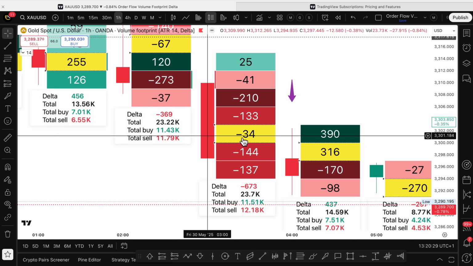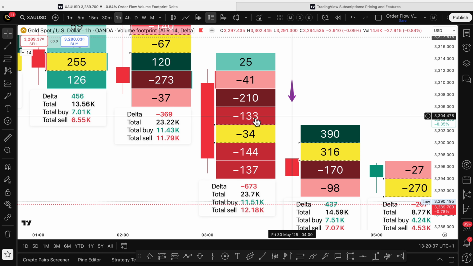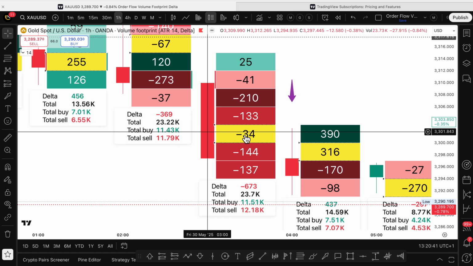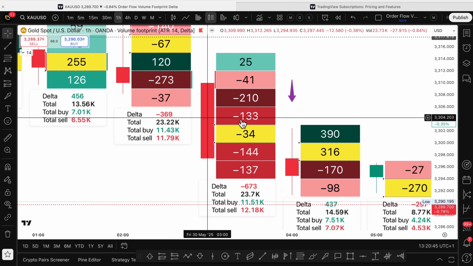So this tells you the minus, this was basically the number of sellers that were in control over the buyers. Although this number here is bigger, minus 133, this yellow box still remains, because this number minus 133 could have been because you had 200 buyers and 333 sellers, which leaves a delta of basically minus 133.